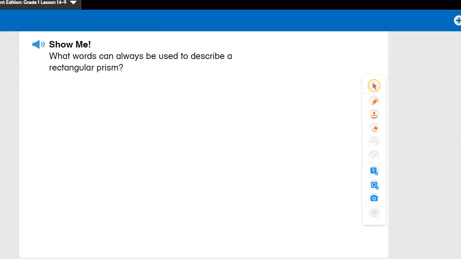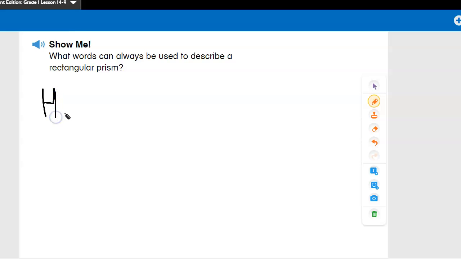But let's think. I'm going to think about vertices. So a rectangular prism, if you remember, has 8 vertices. So I'm going to write, and I'm sorry, boys and girls, Mrs. Collier's finger is really hurting today, so I'm having to rest it. So I'm using my other hand.